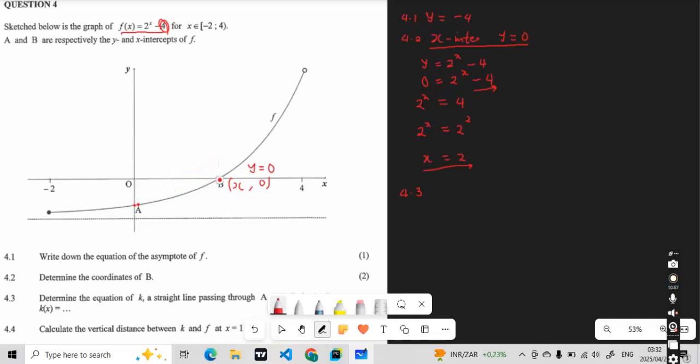Here they said A and B are respectively the y- and the x-intercept.